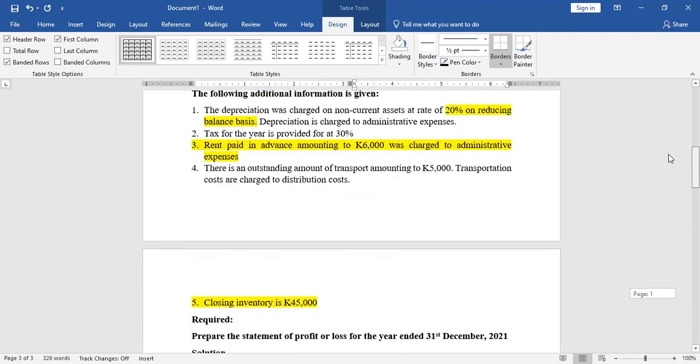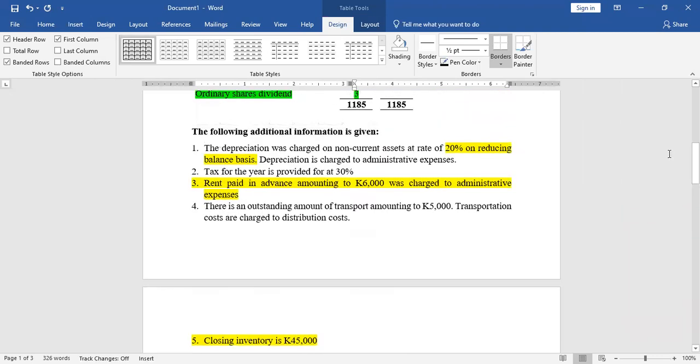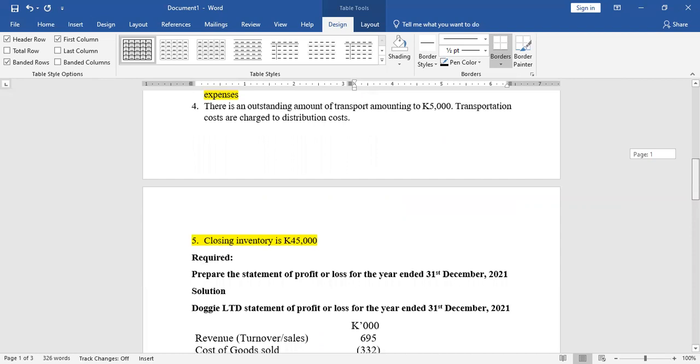There is an outstanding amount of transport amounting to 5,000, and this is charged to distribution cost. So we're going to take this to distribution cost. We did not pay, but it relates to this year.